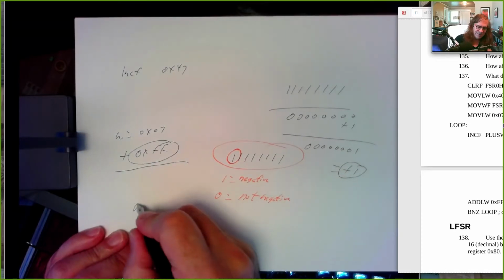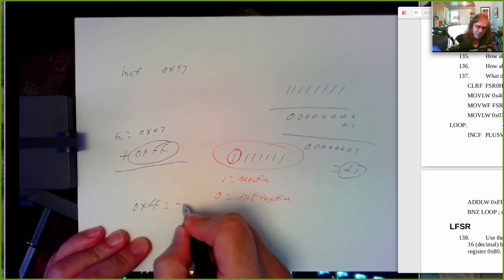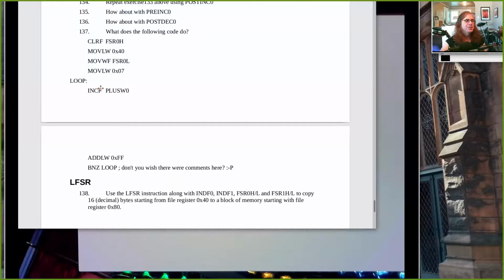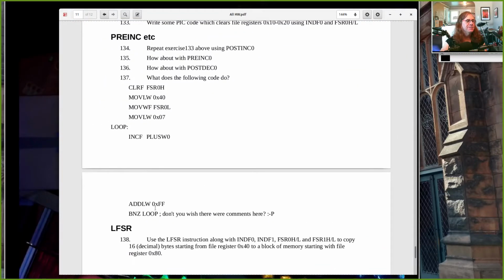So 0xFF is actually negative 1 if we take this as a 2's complement number. So adding FF to W is the same as subtracting 1 from it. So this business over here of add LW 0xFF, that really just subtracts 1 from W.